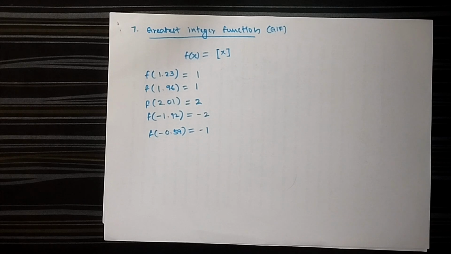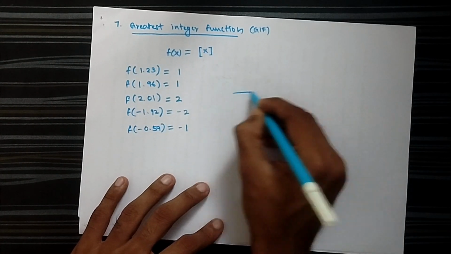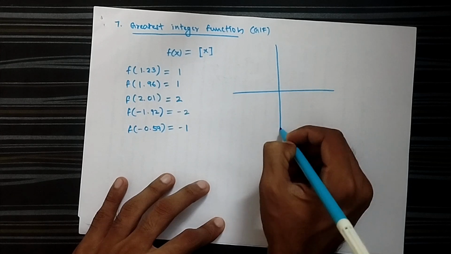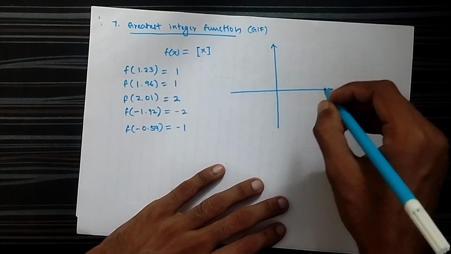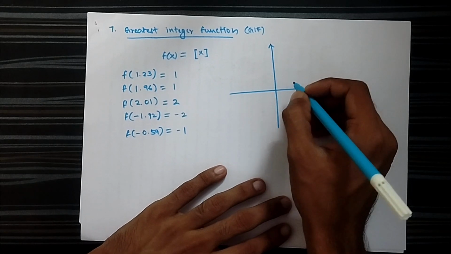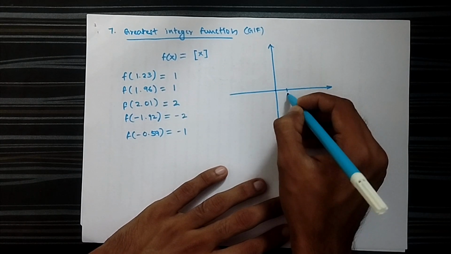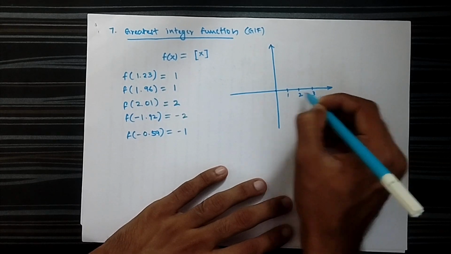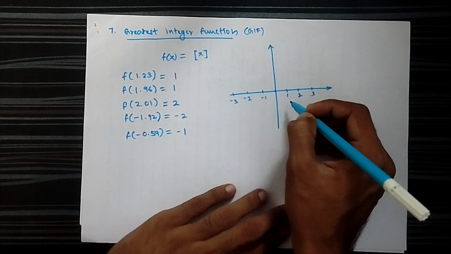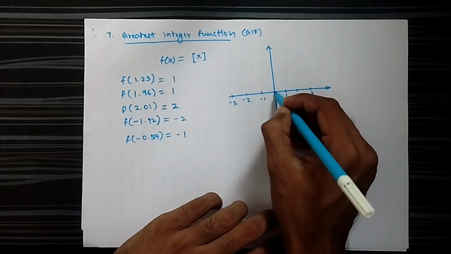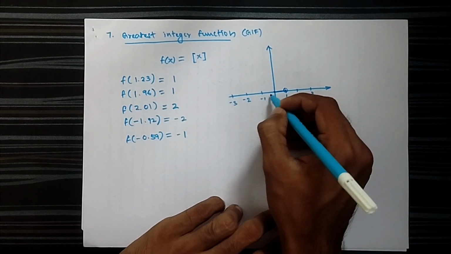Alright, so here I'll draw the graph of f. This is the x-axis, this is the y-axis, and we have numbers 1, 2, 3, -1, -2, -3. For any number between 0 and 1, where 1 is not included, the answer would be 0.